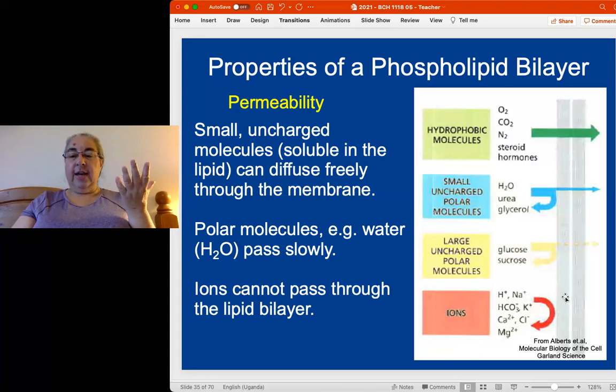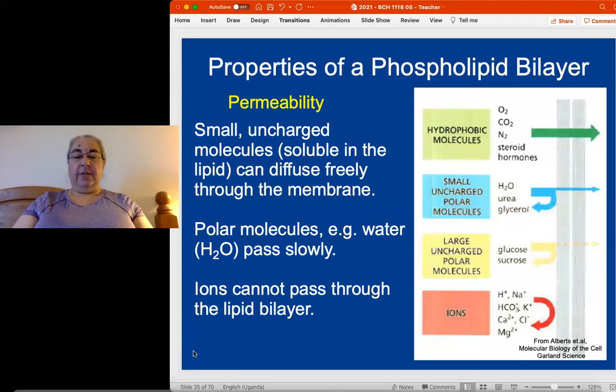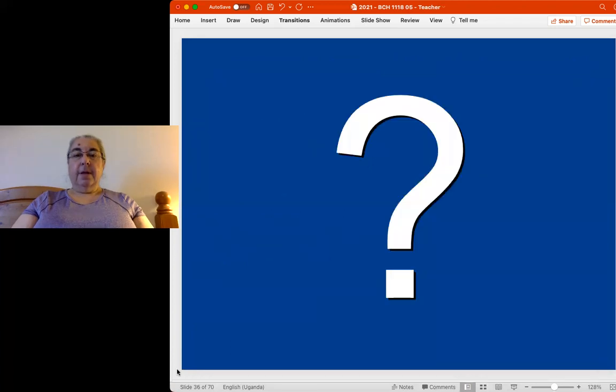Things like hydrogen ions, sodium ions, potassium ions, and so on. They cannot pass through the lipid part of a membrane. Okay, so how permeable the lipid membrane is, or the lipid part of the plasma membrane, depends on what molecules are trying to pass through it. Okay, any questions?